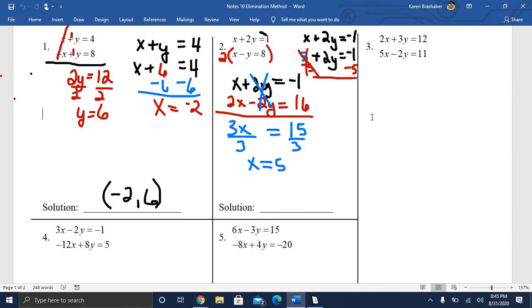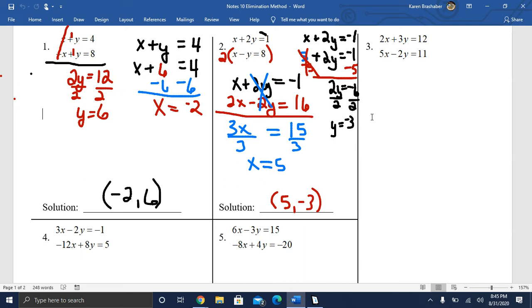That'll give us 2y equals, and then -1 and -5 make -6. And divide both sides by 2 to get y equals -3. Remember to write your final answer as an ordered pair, the x coming first and the y coming second. So 5 and -3.